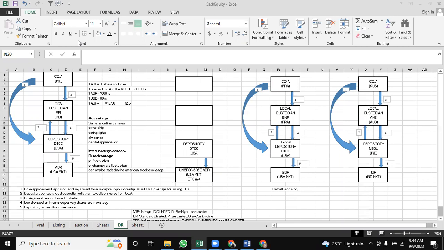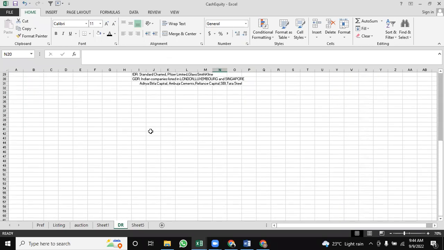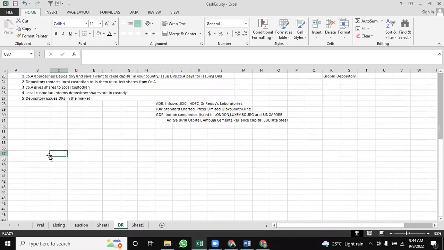Ma'am, can you please explain the concept of 1 ADR is equal to 10 shares and how rupees are converted into US dollars in the case of a depository receipt? Exchange rate. So let's say hypothetically one ADR equals, let's say, we'll make it 20 shares of the underlying company, right?